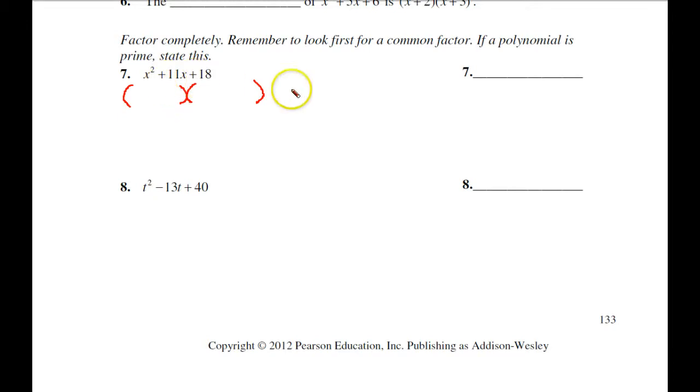Now, when we did the FOIL, the first thing we did was to multiply this by this. This is where the first is. So this by this to get that. Well, what are the possible factors of this, of that, to get this and this? And the answer is an x.